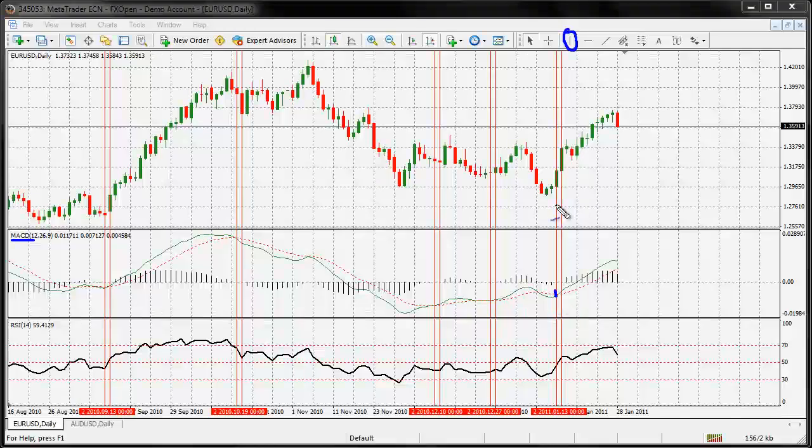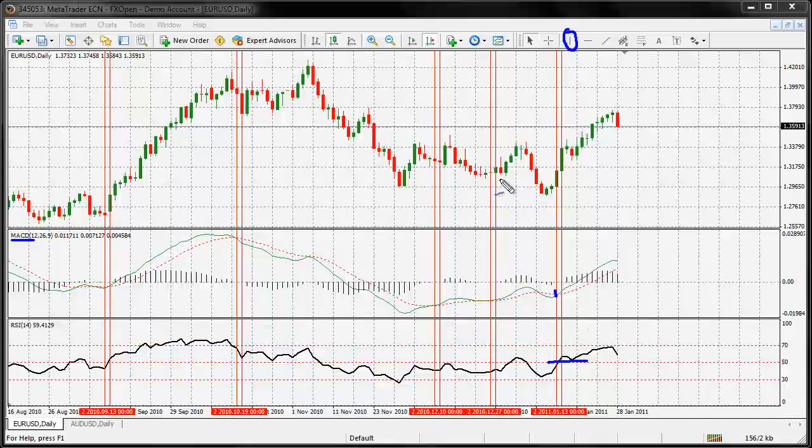My first goal was to line this up as close as I can to that crossover. Then I'm looking at this second bar, making sure it falls in with my rule: that it hits the 50 and the RSI line is above 50.